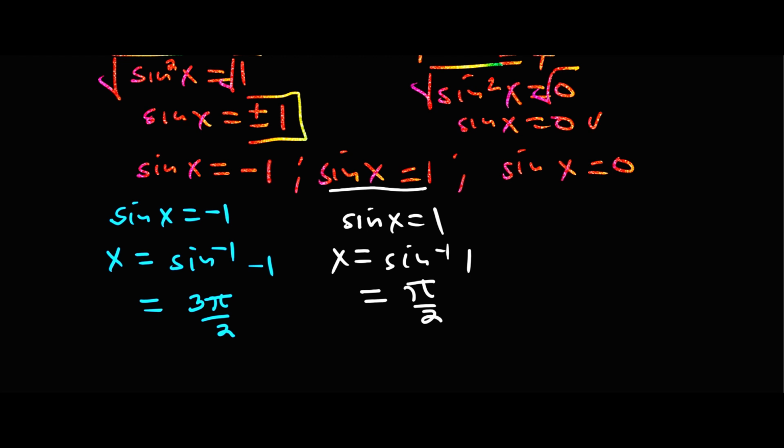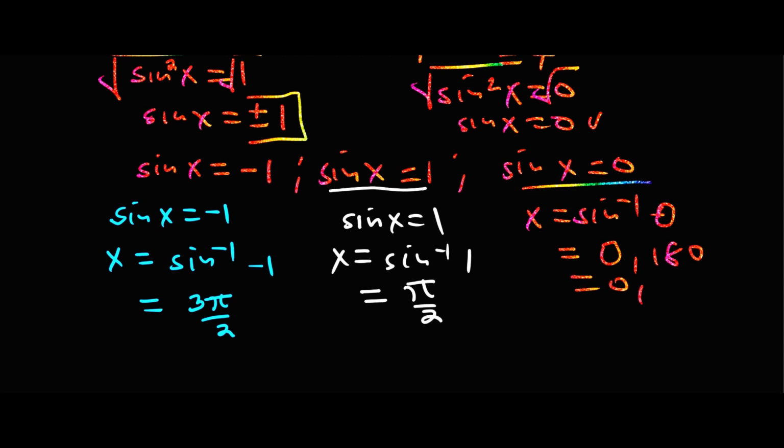Then for this case, when sine of x is 0, this occurs at 2 points. So we say that x is the sine inverse of 0, and the sine inverse of 0 can be 0, or it can be 180. So now remember, we can write this as 0, and 180 can be written as pi.